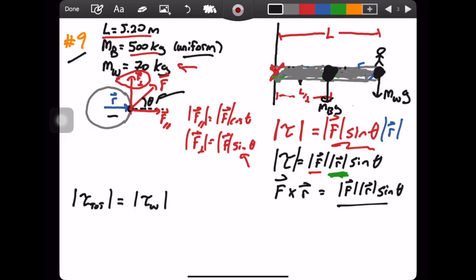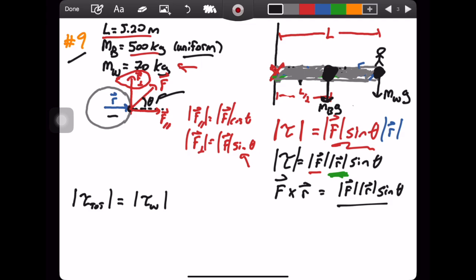So that means I can just treat the beam as a single point mass at its center, where the gravitational force down is the mass of the beam, mb multiplied by G. Remember, with the worker, we have the weight of the worker going down, a distance L away from the bolt, and that's going to cause a clockwise rotation.